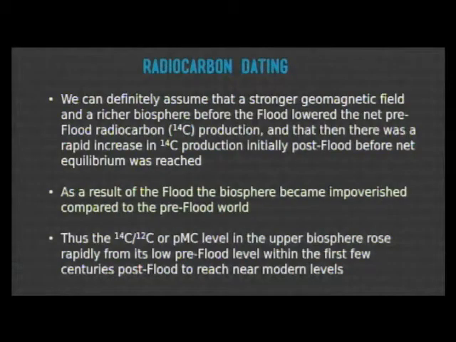As a result of the flood, the biosphere became impoverished compared to the pre-flood world. Thus, the percent modern carbon level, that is the ratio between radiocarbon and normal carbon in the upper biosphere, rose rapidly from a low pre-flood level within the first few centuries post-flood to reach near modern levels.